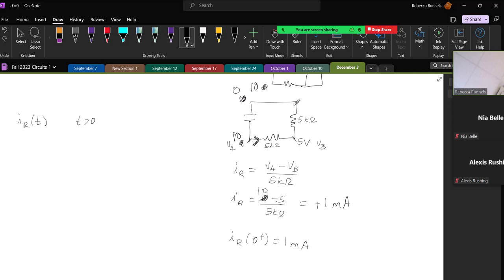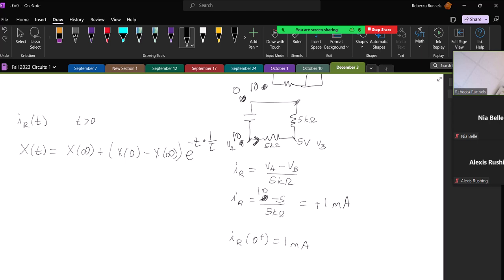So anytime you're finding a transient in a circuit that has an inductor or a capacitor, then whatever it is that you're looking for, in this case it's a current across a resistor, it'll be X at time t equals X at infinity plus X at 0 minus X at infinity times e to the minus t times 1 over tau, where tau is the time constant for whatever element it is that you have that is causing this transient response.